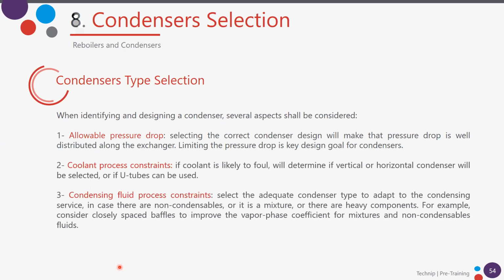Select the adequate condenser type to adapt to the condensing service in case there are non-condensables, or it is a mixture, or there are heavy components. For example, we consider having close-spaced baffles to improve the vapor phase coefficient for mixtures and non-condensable fluids.